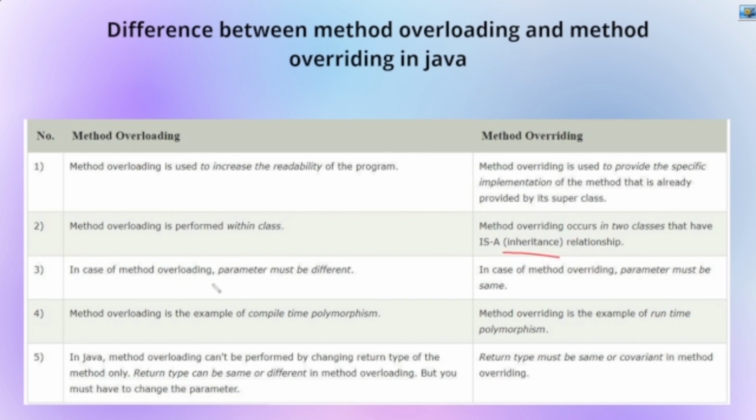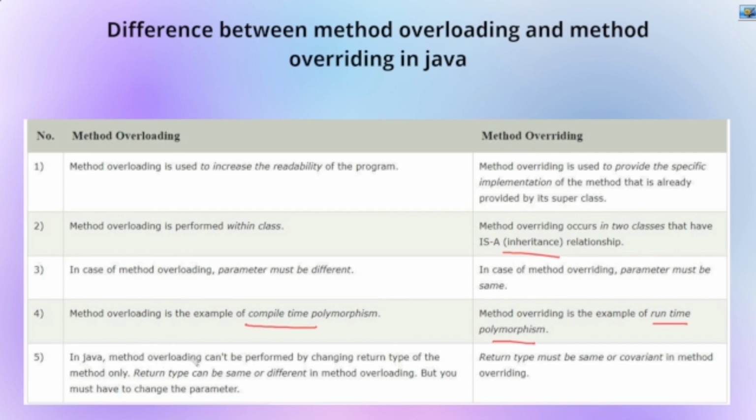In the case of method overloading, the parameters must be different. In the case of method overriding, the parameters must be the same. Method overloading is an example of compile time polymorphism. Method overriding is an example of runtime polymorphism. About this compile time and runtime polymorphism, we are going to understand in the further videos of Java. For now, you just understand that it is an example of this.